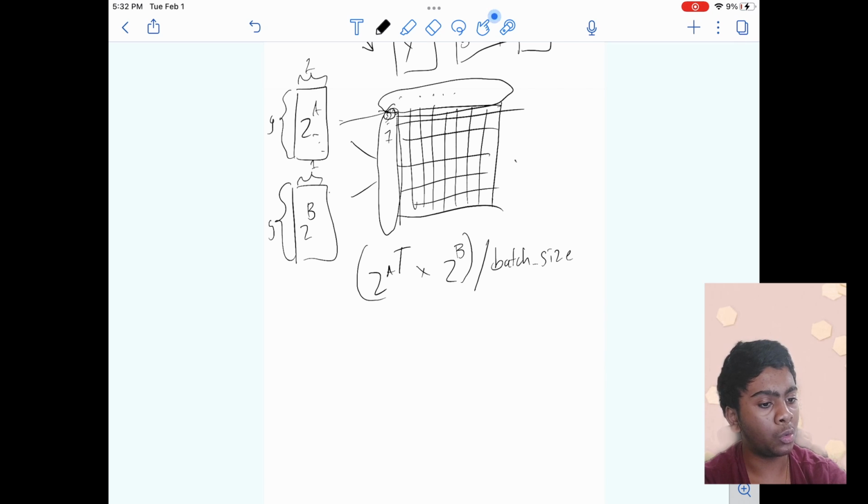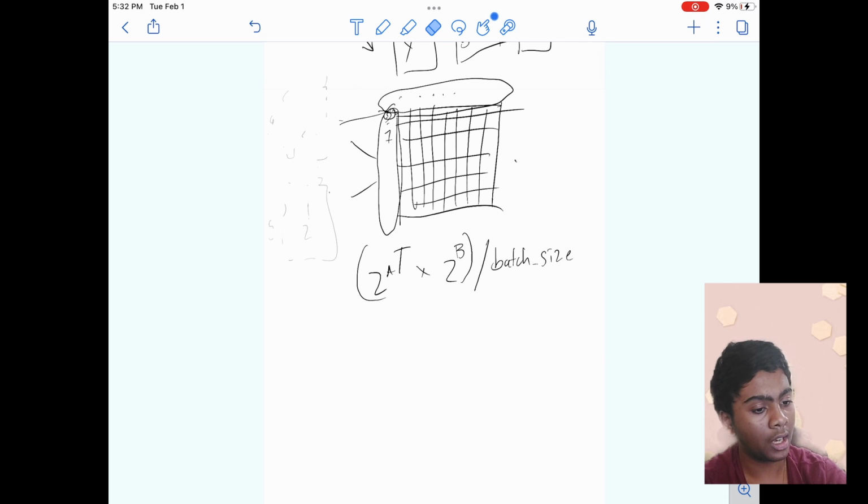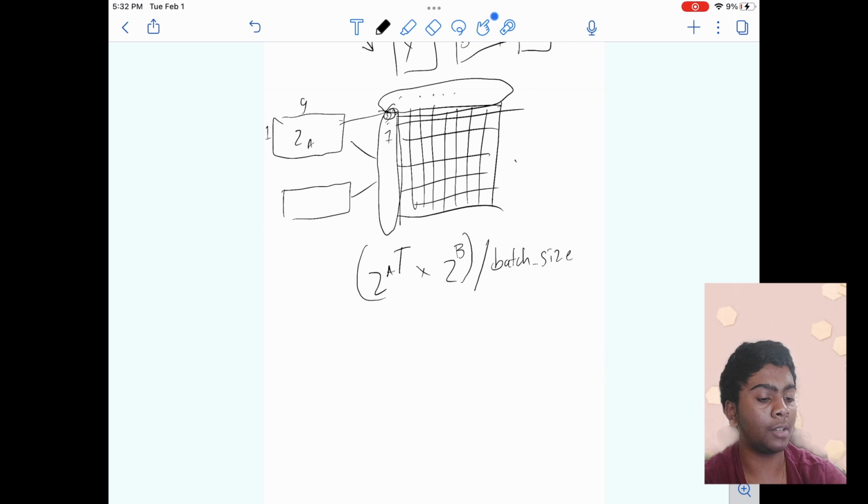I need to change this, I think. Your predictions will actually be flipped like this, sorry. So it'll be 1 by G. This is the dimension of your first embedding, and then your second one will also be 1 by G, right?